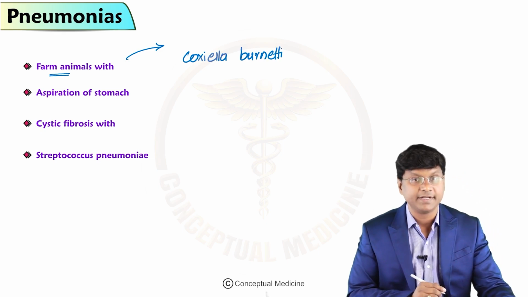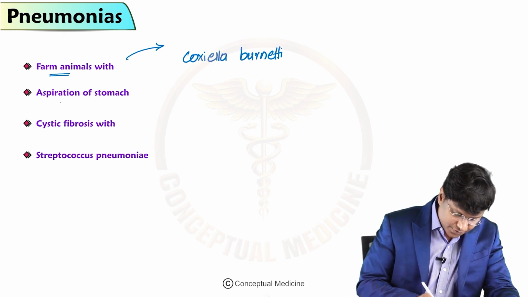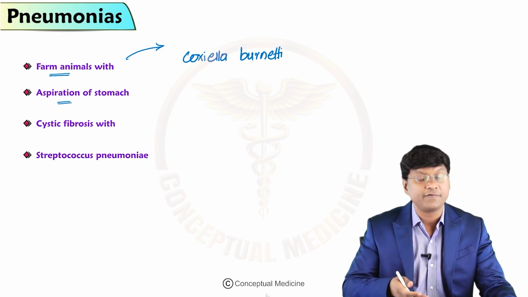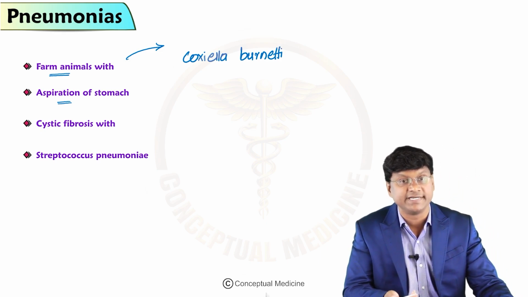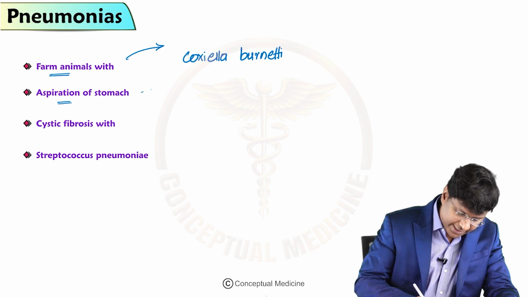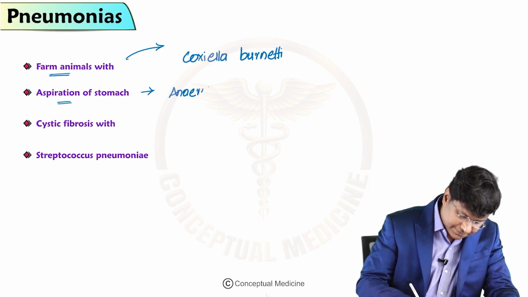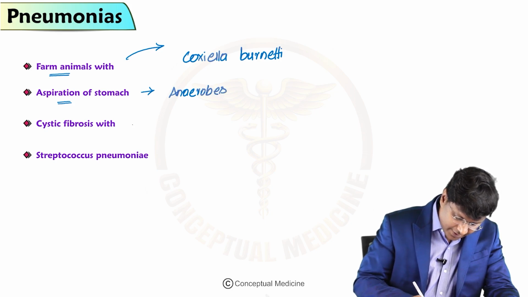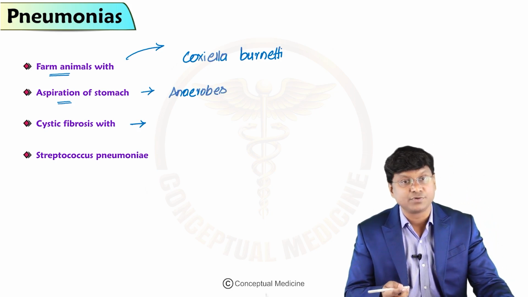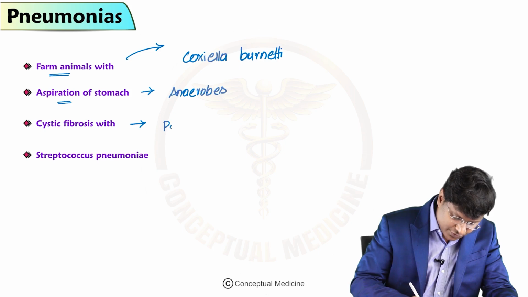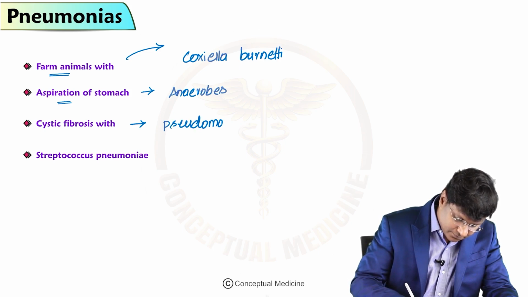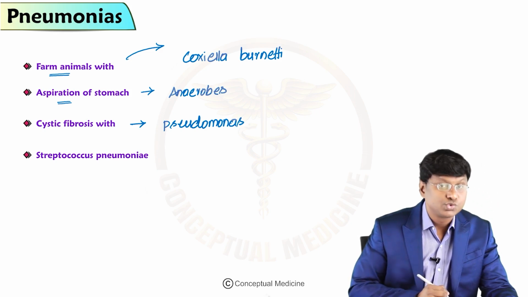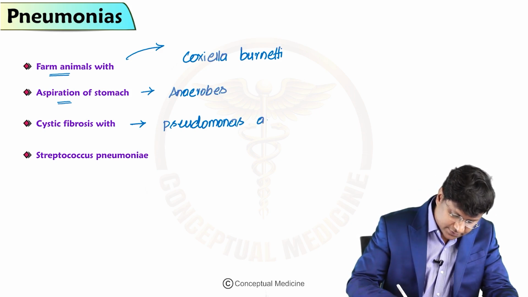If the individual has risk of aspiration of stomach contents, then the organisms causing pneumonia will be anaerobes. And in patients with cystic fibrosis, the organism causing pneumonia will be Pseudomonas aeruginosa.